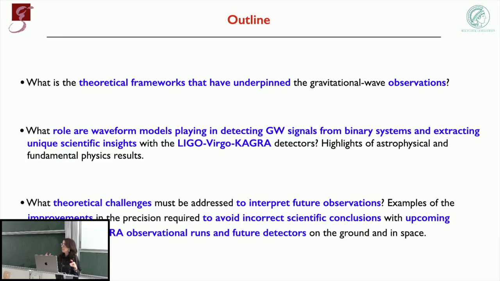The detectors are becoming more and more sensitive, and there will also be new facilities on the ground, and certainly a new detector in space, called LISA, which are going to do measurements with much higher precision, and so we actually need to improve our theoretical predictions.